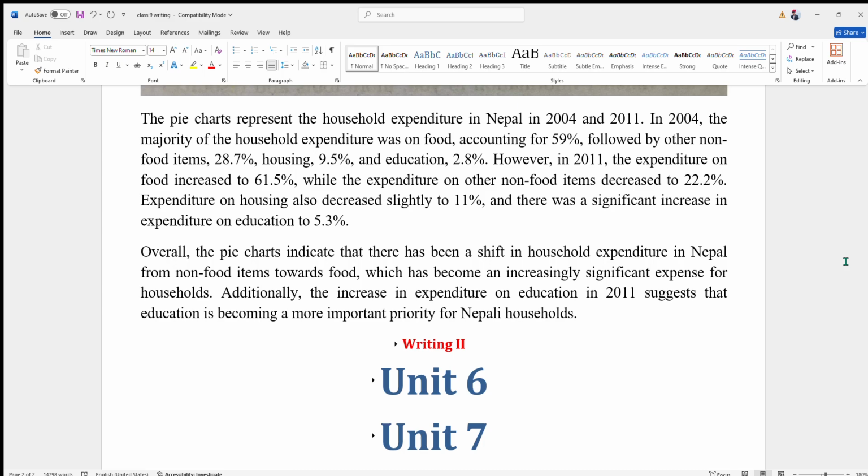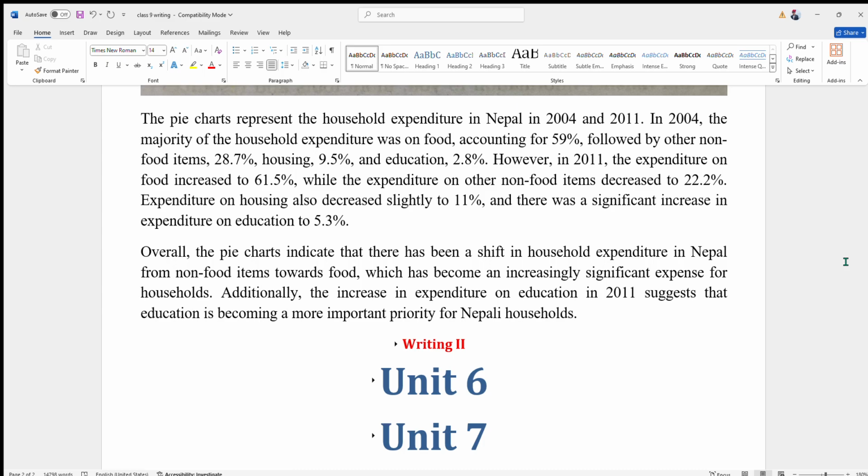Overall, the pie chart indicates that there has been a shift in household expenditure in Nepal from non-food items towards food, which has become an increasingly significant expense per household. Additionally, the increase in expenditure on education in 2011 suggests that education is becoming a more important priority for Nepali households.